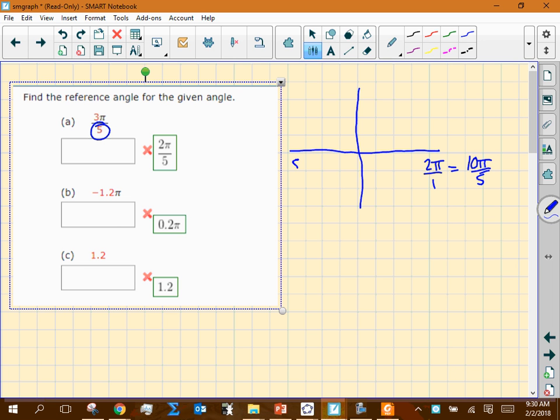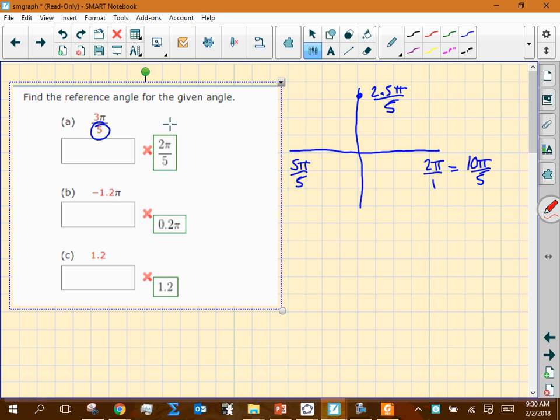So this would be 5 pi over 5. And this thing here, now it's really not convenient, but it would be half of this number here, right? So it'd be 2.5 pi over 5. That still reduces to pi over 2, doesn't it? If you write it as 5 halves pi over 5, you can do that. It's just uglier.